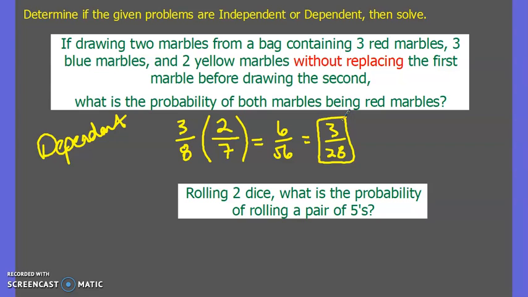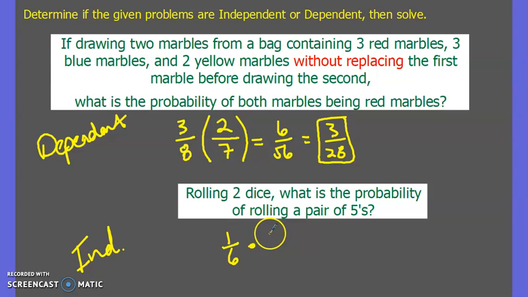Now, down at the bottom, rolling 2 dice. Well, whether I roll 1 dice and get something should have no effect on what happens on the second dice. The 2 dice are completely independent. They're totally separate. So again, independent event. Probability of rolling a pair of 5s. Well, on the first dice, the probability would be 1 out of 6. That's one thing out of the 6 things that could happen.